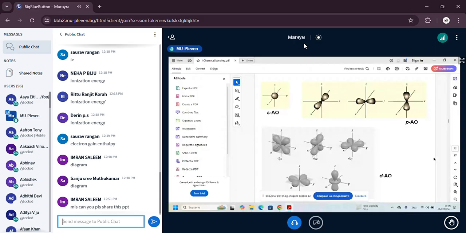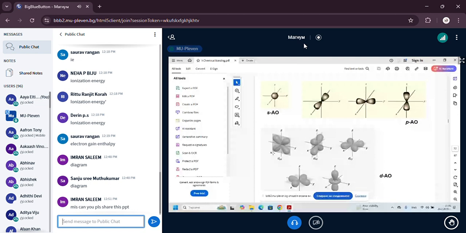The others have the same shape, but their orientation in space is different. You will not be required to draw the atomic orbitals, but you have to understand the direction of their lobes.